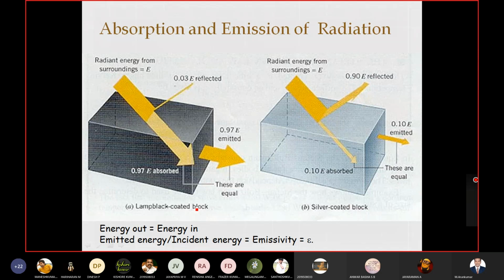Then we take a silver coated block, which has its own reflected value. Then 0.97 E is absorbed by the black block, and only 0.10, that is 10% of E, is absorbed by this silver coated block.